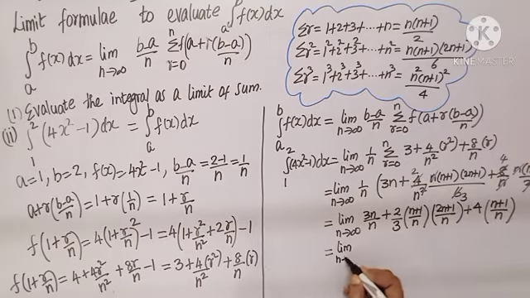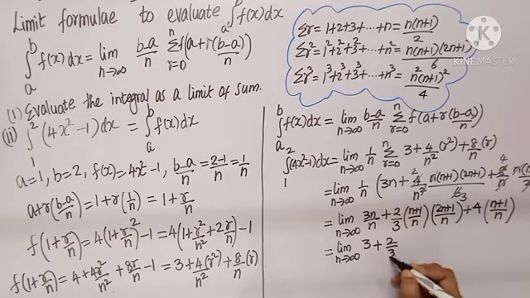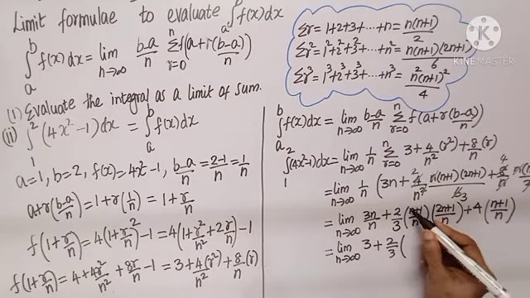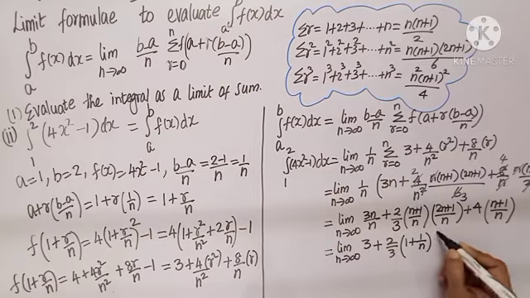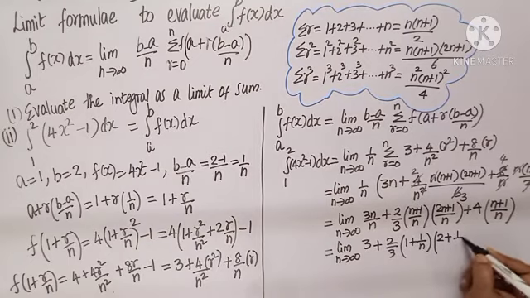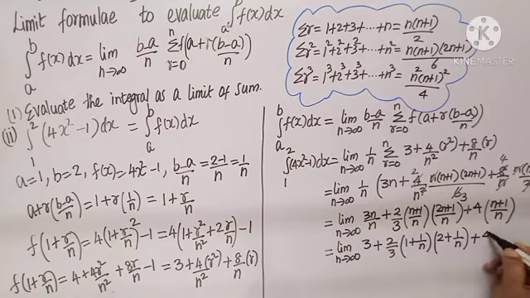Limit n tends to infinity, 3 plus 2 by 3 into n by n plus 1 by n, into 2n by n plus 1 by n, plus 4 into n by n plus 1 by n.